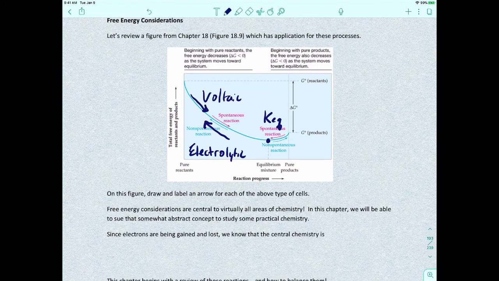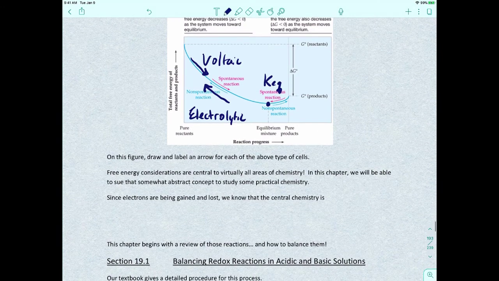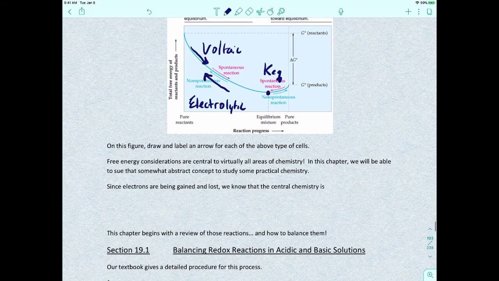Now, since electrons are gained and lost, we know that the central chemistry of everything involved is oxidation-reduction reactions. And so that's where we're going to start in this chapter. Let's review: how do we balance oxidation-reduction reactions?